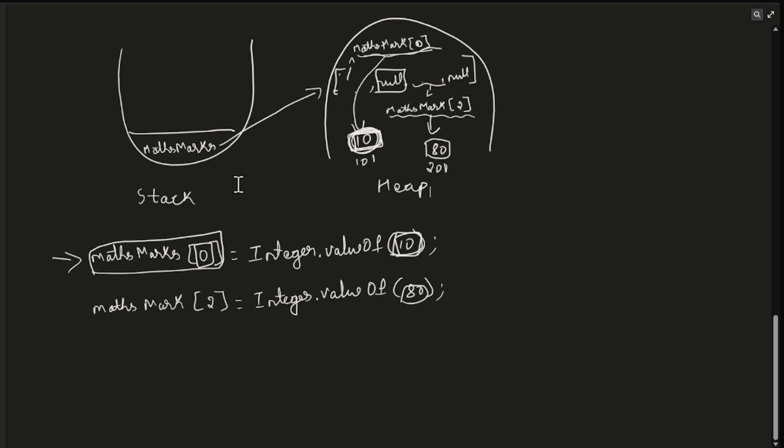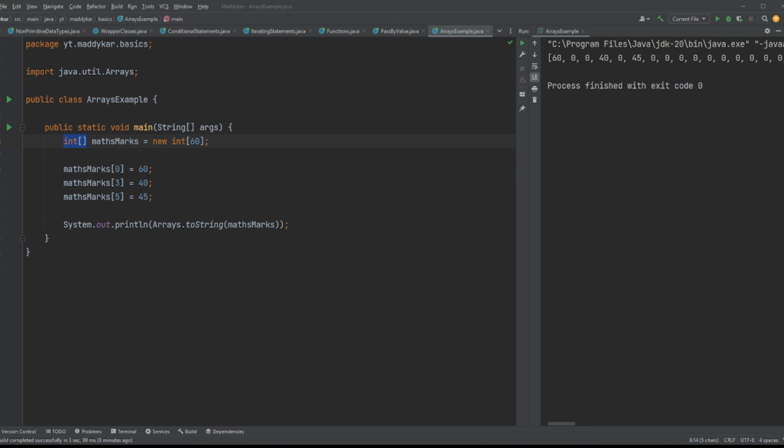Let us try to see object array in practical. Integer maths marks equals new Integer of size 60.